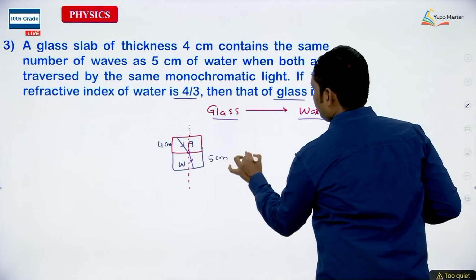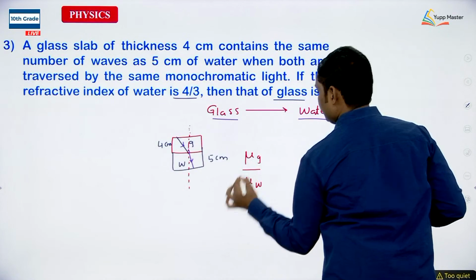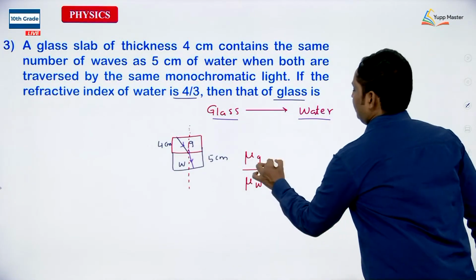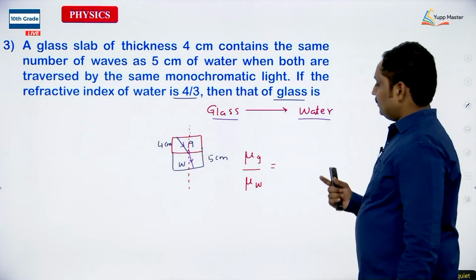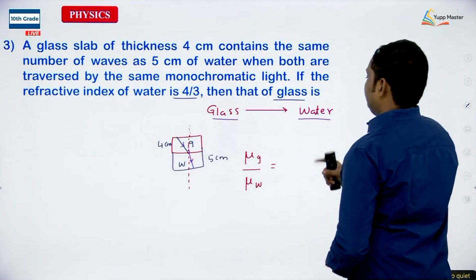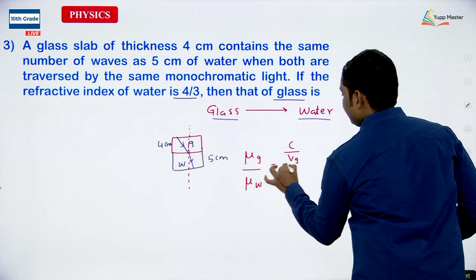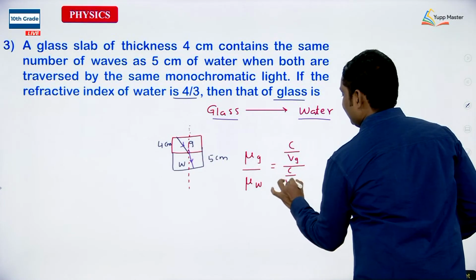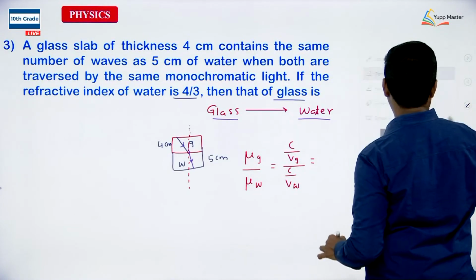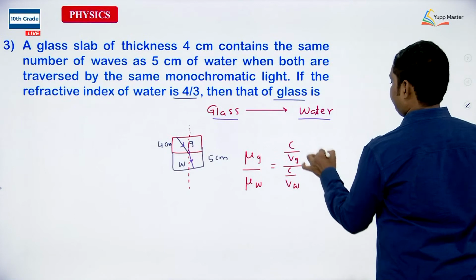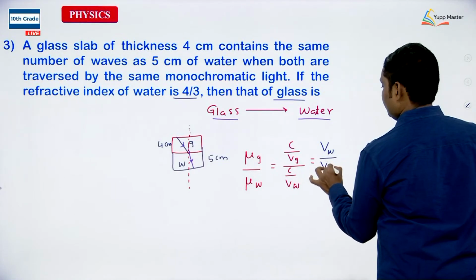Now, you can start the problem: mu g by mu w. It is very clear. You can take the problem and solve it easily. You know very well about that: C by Vg, C by Vw, that implies Vw by Vg.